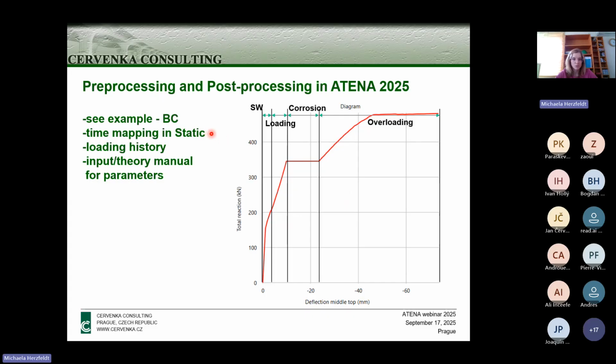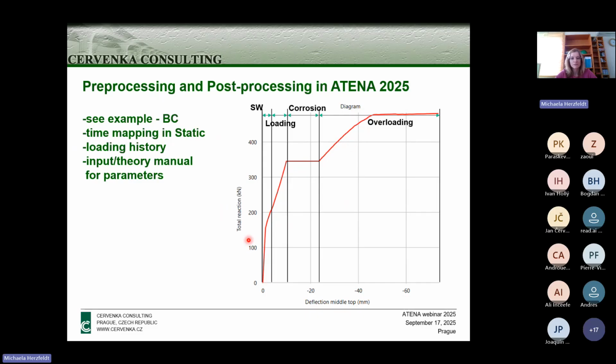An important part is also time mapping, because we are working with static analysis, but we can map the time even in static analysis.